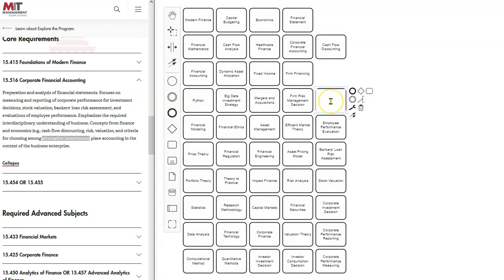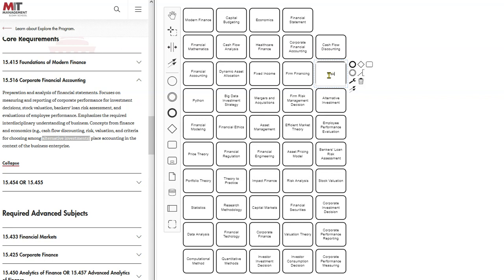So let's do alternative investment. Alternative investments. I'll just leave it at that. Alternative investment. And then we'll do, we already have valuation criteria for choosing. Alternative investment criteria.